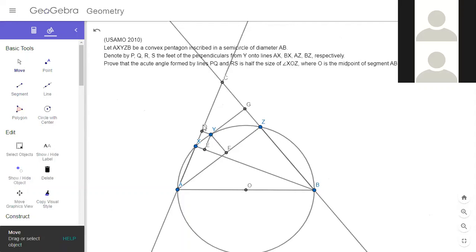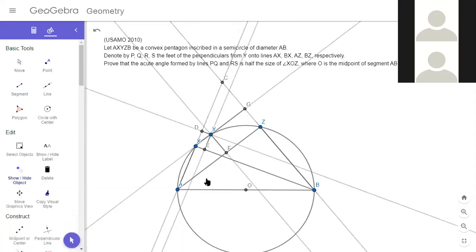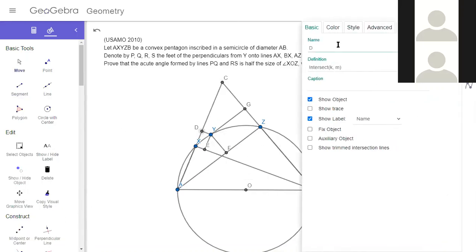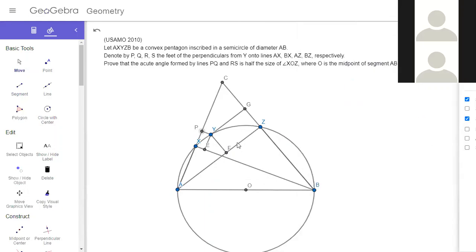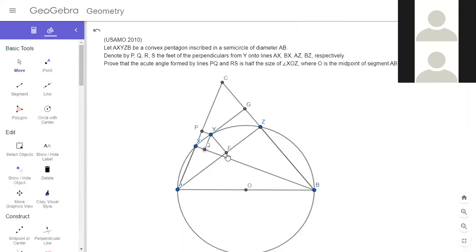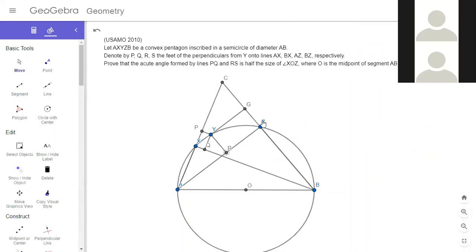Okay. So PQRS. Yeah, this is a kind of complicated problem statement, but it doesn't look that complicated of a diagram, so I kind of like it. PQRS.